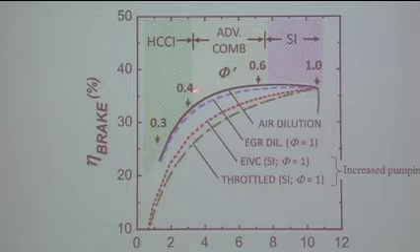And then in between is what they identify as advanced combustion. So combustion that's dilute, for example, where the charge-based equivalence ratio goes from 0.4 up to 0.6. And we're going to be spending quite a bit of time talking about this type of combustion because it's also a low-temperature combustion that has other advantages. In particular, one can reduce those heat losses, which can help you raise the brake efficiency.